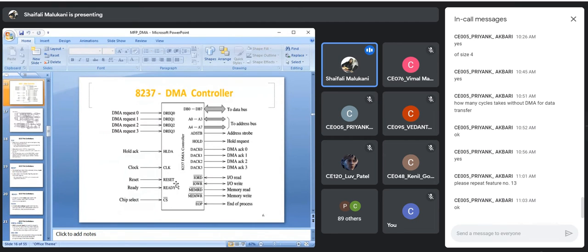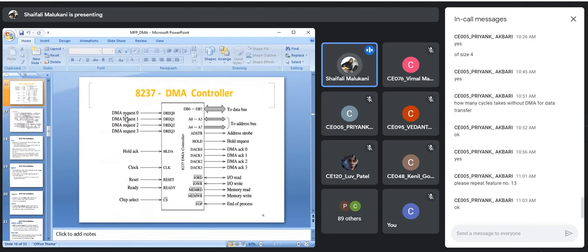suppose I am connecting multiple IO devices here, so which will have the higher priority? That is the next thing to observe. By default in fixed priority, this device will have highest priority, and then one, and then two, and then three. But you can have rotating priority as well. What is that rotating priority?